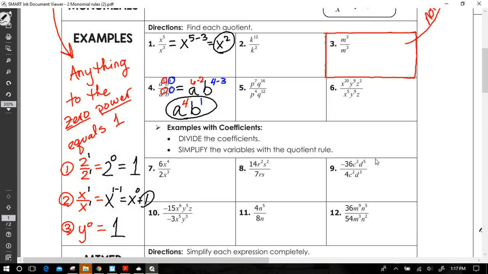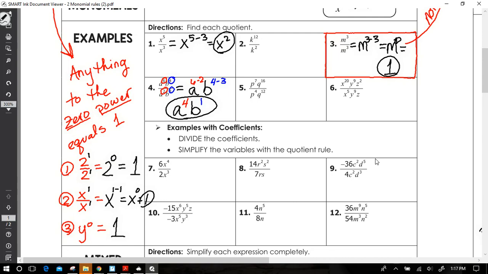So I am going to apply the division rule that I've just learned, which is I keep my base and I subtract my exponents. So m to the 3 minus 3, which is m to the 0 power. And now I know anything to the 0 power equals 1. So my answer for number 3 is 1.